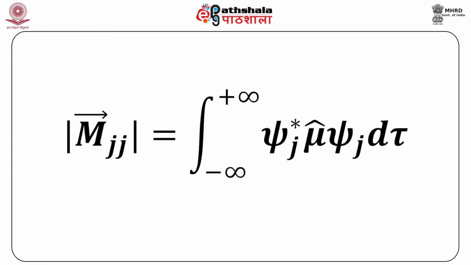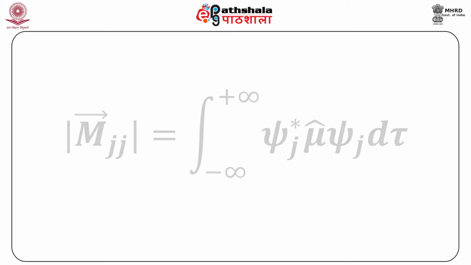And suppose it is the jth state, in that case it is given by Mjj, and here you have to substitute psi j star and psi j in place of psi i star and psi i.